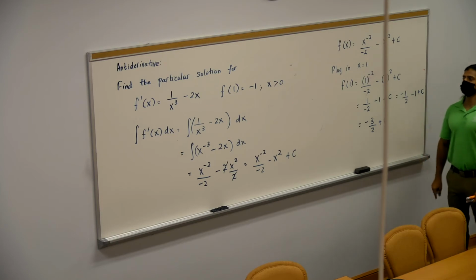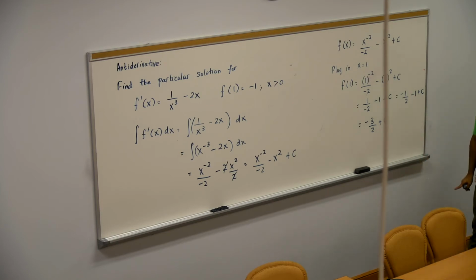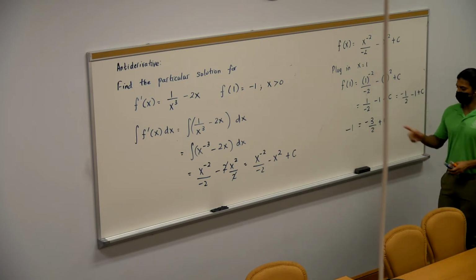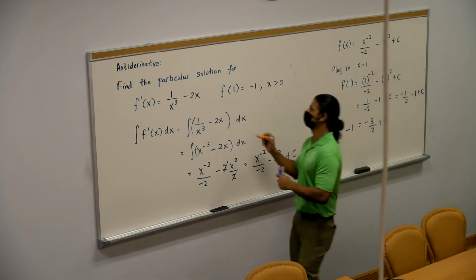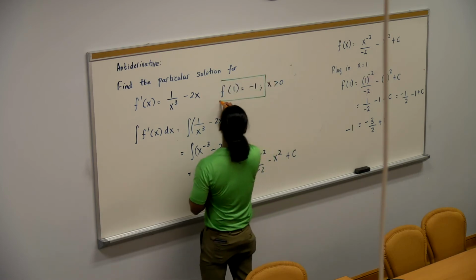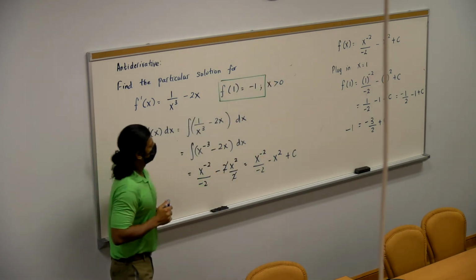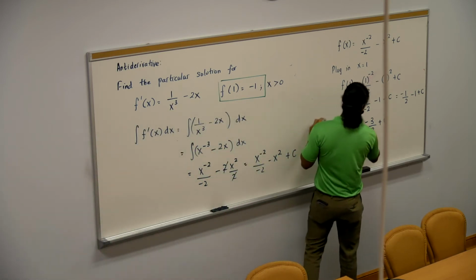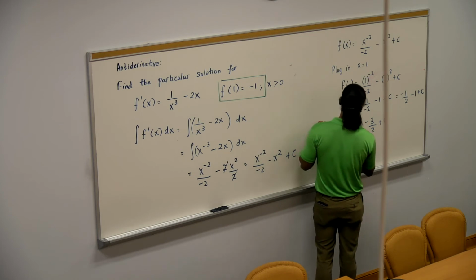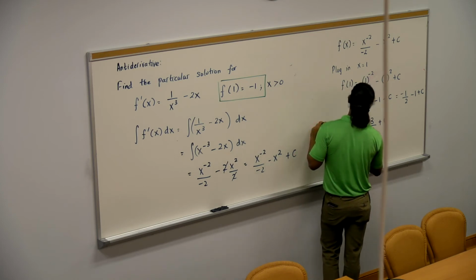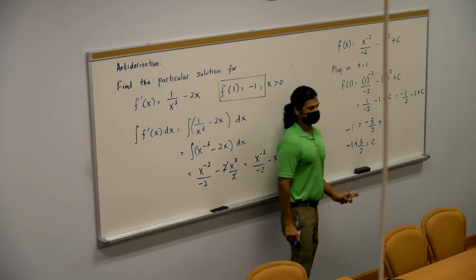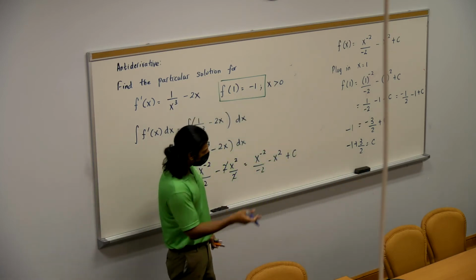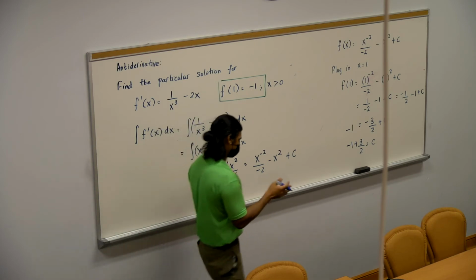What would that equal to? That would equal to -1. And why is that? Because that is our original function or condition. F of 1 is -1. Move the 3 over 2 to the other side, so we have -1 plus 3 over 2. 3 over 2 is 1.5. If you have 1.5 and you take away 1, you're left with half.